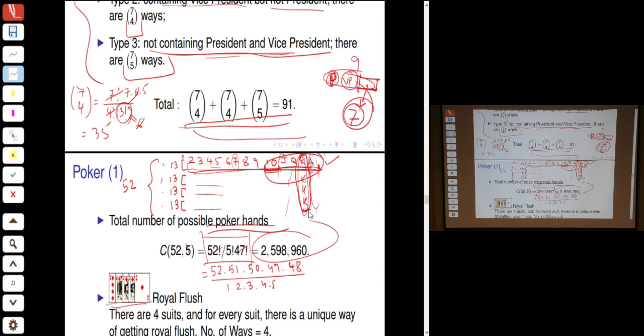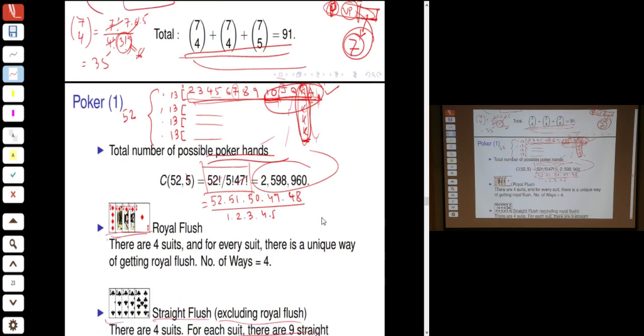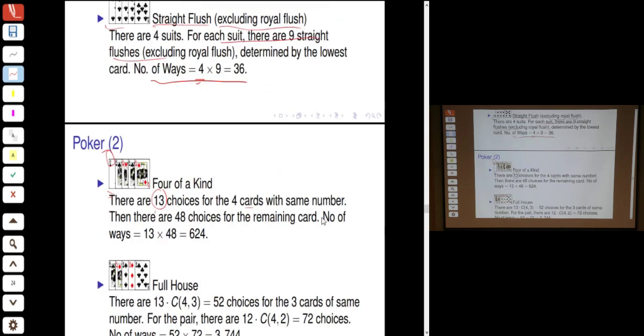Think of the situation where you have chosen the number of the card to be repeated 4 times, that is the king, let's say. Then the other card has to come from any of the remaining cards. There are 52 cards in total, out of which you have already selected 4 kings for your hand. So, there are 52 minus 4, that is 48 cards remaining, and you can pick any of those 48 cards.